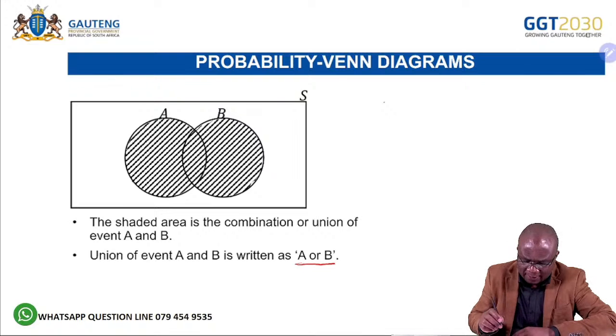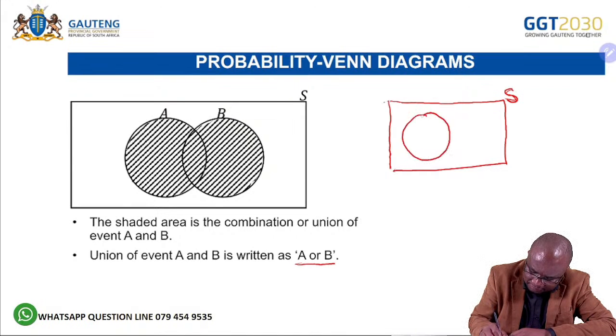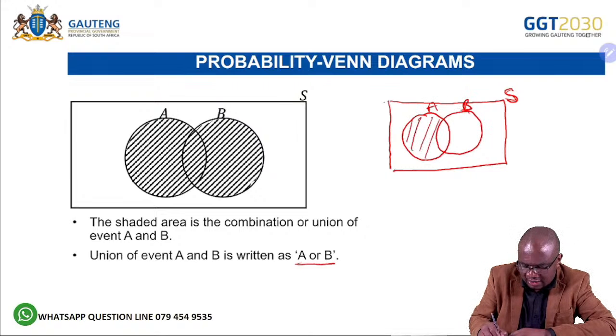Let's just draw our Venn diagram. I'm forgetting to write the sample space S there. Please correct that everywhere, just write S for sample space. Then this is A, this is B, and this is the shaded region to show us that this is A or B. That's union.